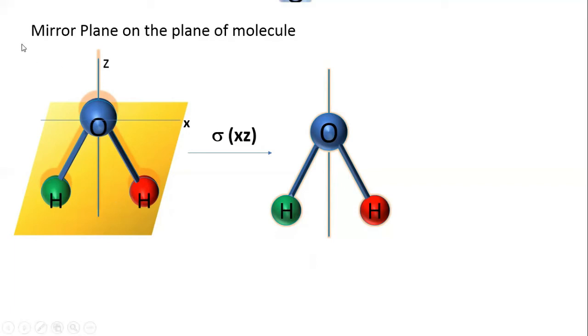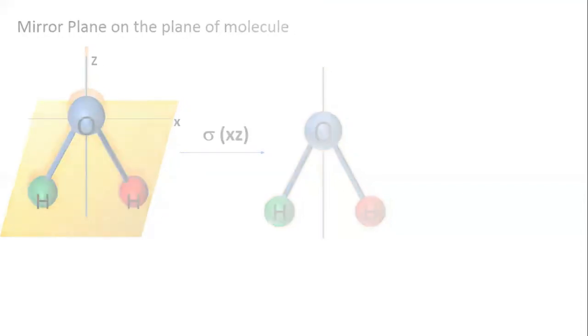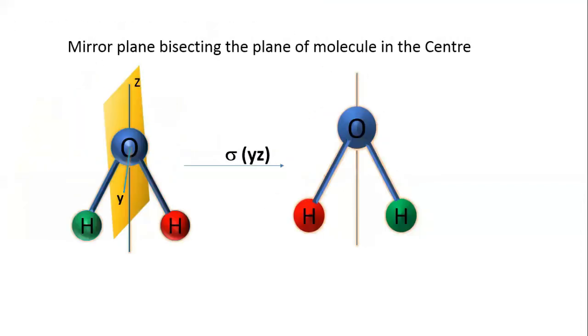Here the plane passes through the z-axis and x-axis, and is planar in nature. The mirror plane is just above the molecule, and the reflection will be just similar to the original one. Even then, a reflection is happening, so it is considered one of the symmetry operations, a reflection operation.